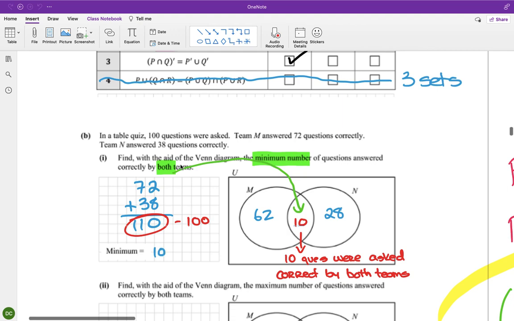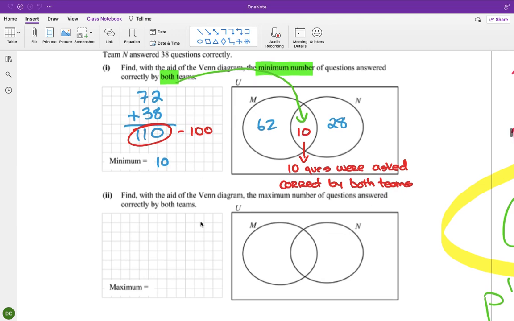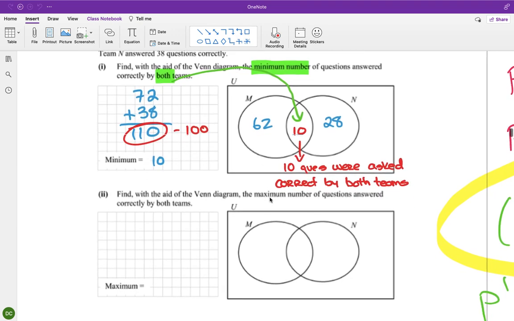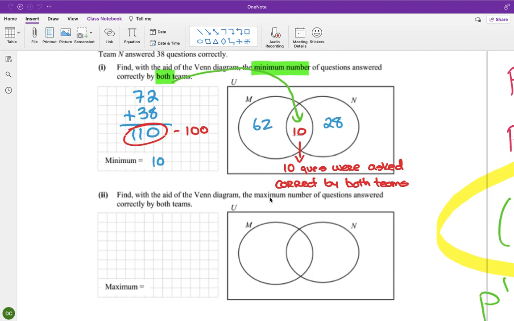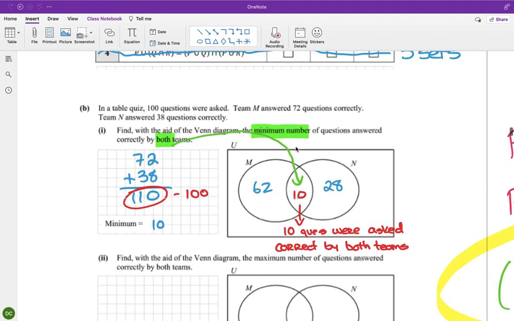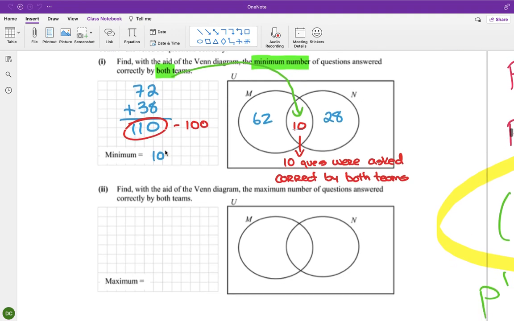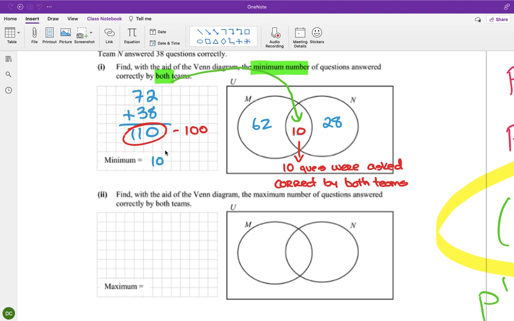Yeah? Now, the maximum intersection. The maximum intersection is whichever is the smaller set. So team N scored 38 questions correctly. What if all 38 questions that they got right, the other team got right as well?